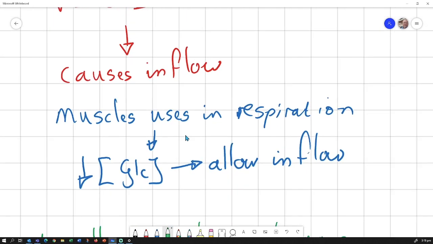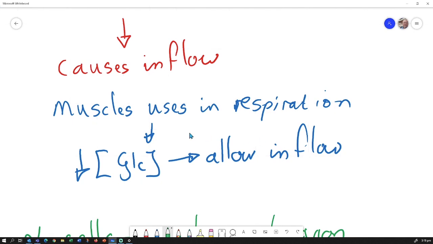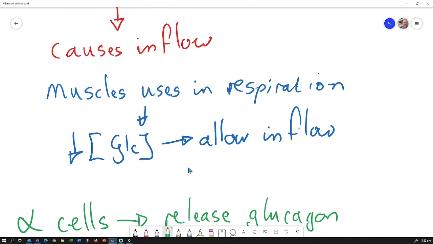Muscles, on the other hand, they are very active. Well, if you use them. So they use the glucose in respiration, and as they use it, it decreases the concentration of the glucose intracellularly, and more glucose will flow in because of the concentration gradient. Can you see how I'm going back to the concentration gradient all the time? Because that is what the biochemistry is about.